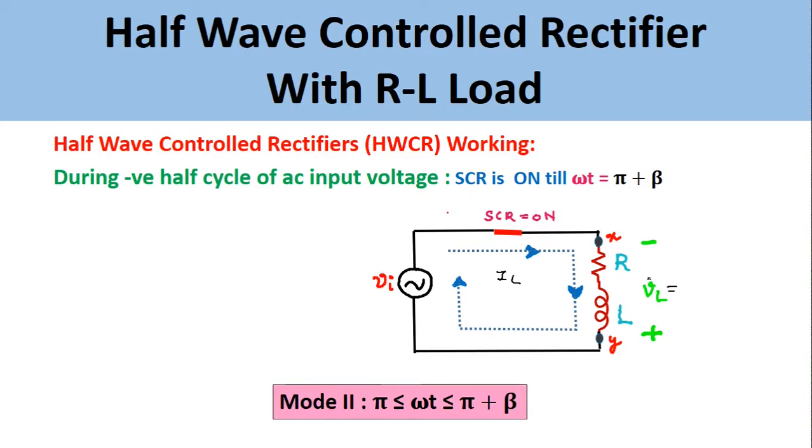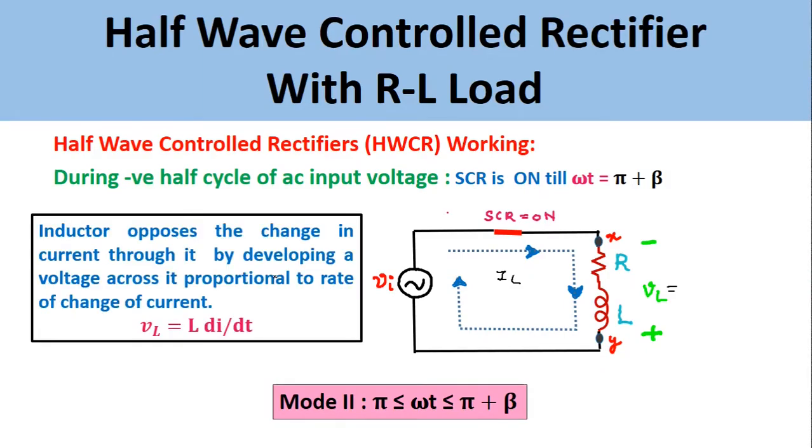This induced voltage VL makes the point X negative and point Y positive. That means this inductor is opposing the change in current through it by developing a voltage across it proportional to the rate of change of current. So the self-induced EMF across this load is given by L di by dt, where di by dt represents the rate of change of current with respect to time and L is the inductance of this inductor.